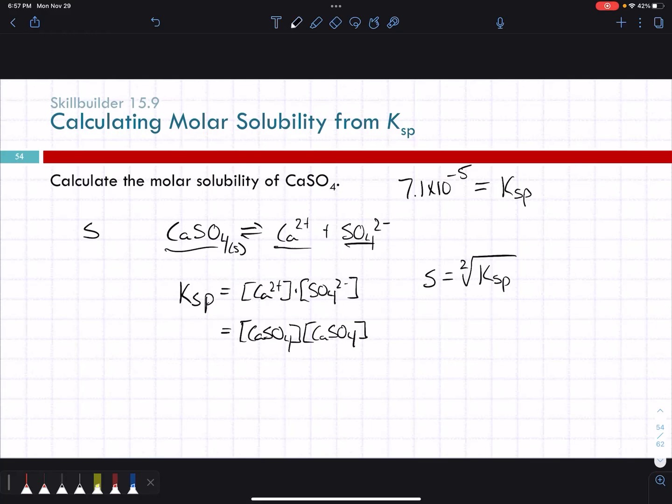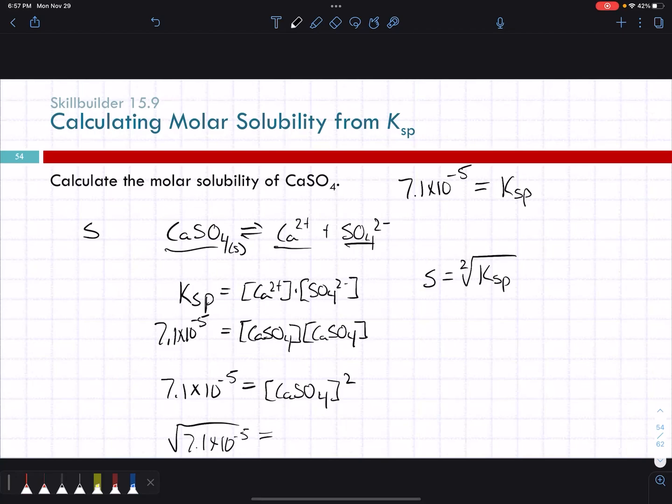No, it's still Ksp, but we can put the number in here now: 7.1 times 10 to the negative 5 equals the concentration of calcium sulfate squared. So we take the square root. That will equal the soluble molar concentration of calcium sulfate.